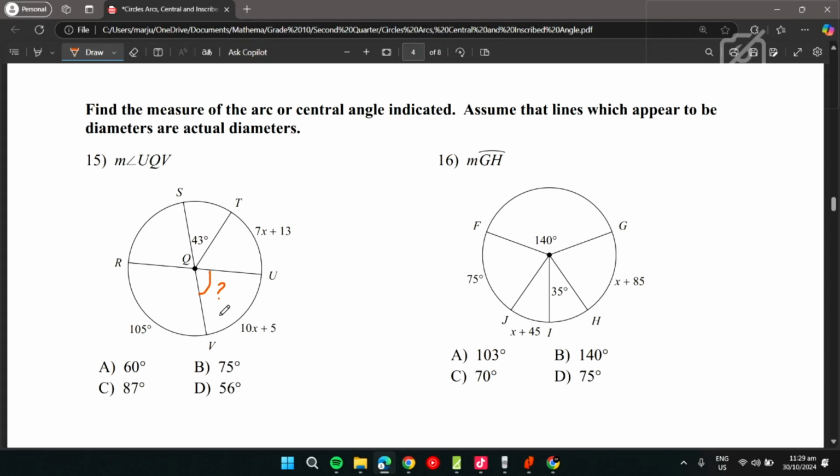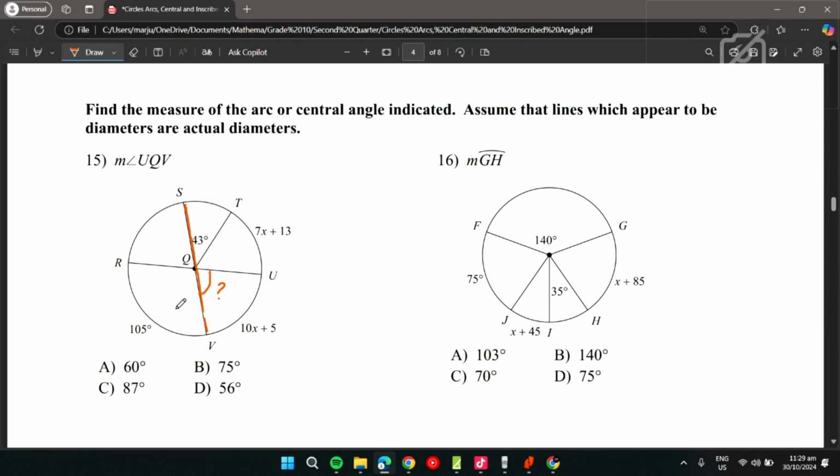B is the answer. Alright? Paano naging B? Ano yung concept na gagamitin natin? Good. Very good. Alright? So again, a diameter, yung straight angle is always 180 yan always.